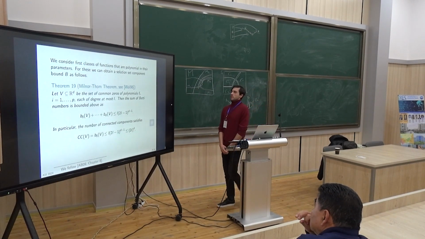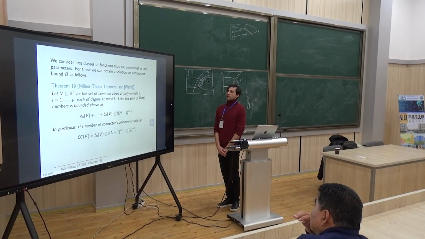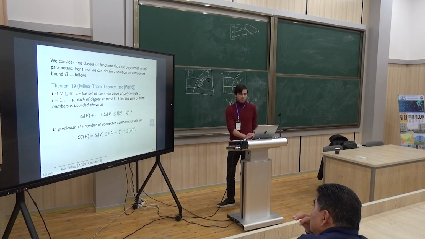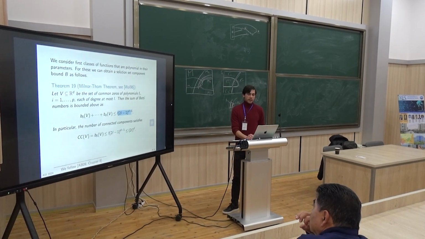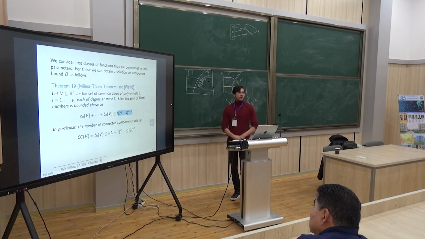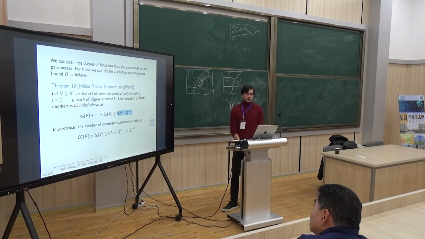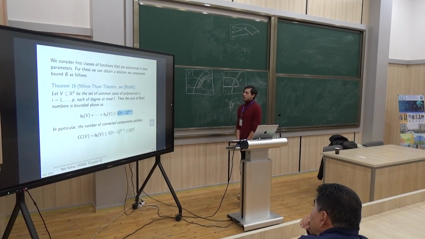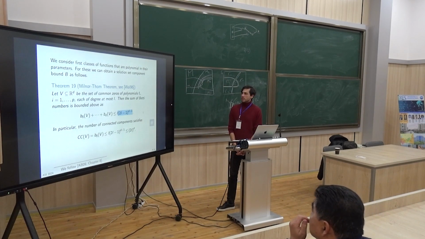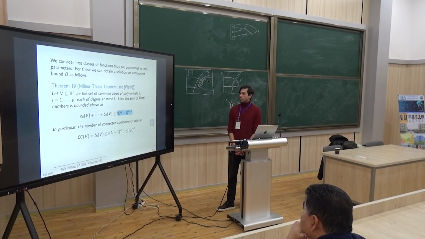One is that the sum of the Betti numbers is bounded above by some quantity that depends on L and D. D is the dimension where those polynomials are defined. So if they are defined in R^D, we have an expression that goes with L to the power D. It depends on the degree, and it depends on the dimension, the number of variables.